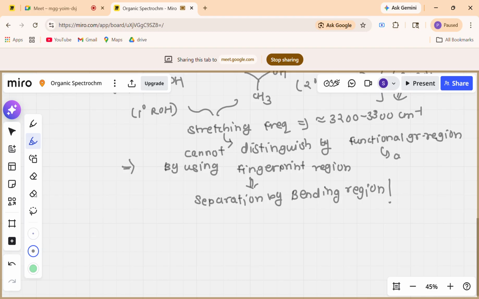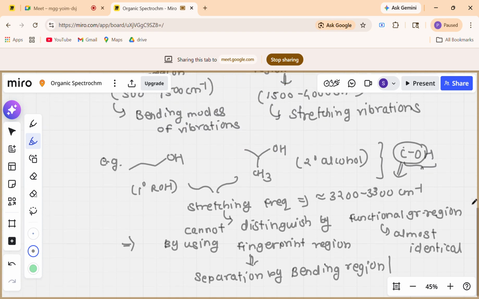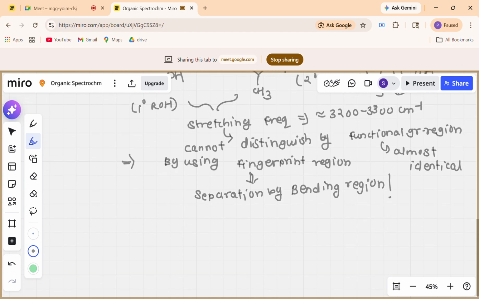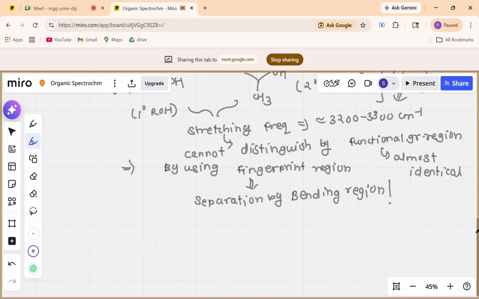So if you look in the functional group region, they will be almost identical, not even similar, they will be mostly identical, both the molecules primary and secondary alcohol, because here we are just analyzing the stretching frequency of a C-O bond. But when we are talking about a fingerprint region, that's why it's called a fingerprint.